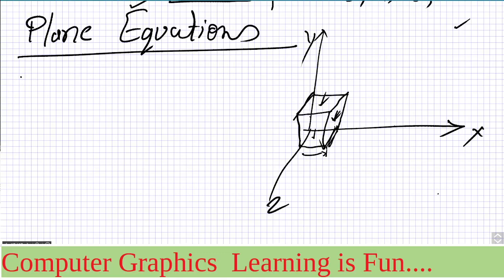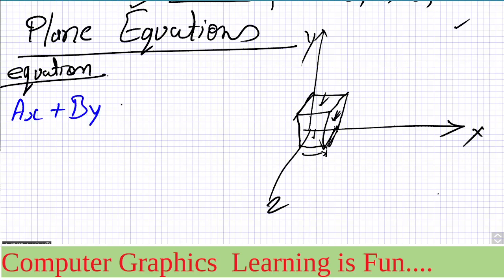Okay, the equation will be ax plus by plus cz plus d is equal to 0.